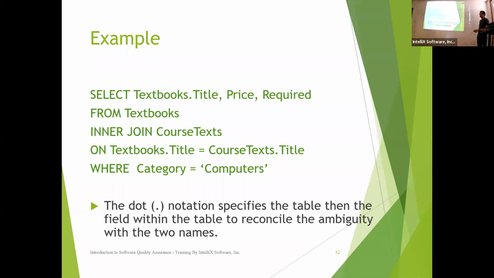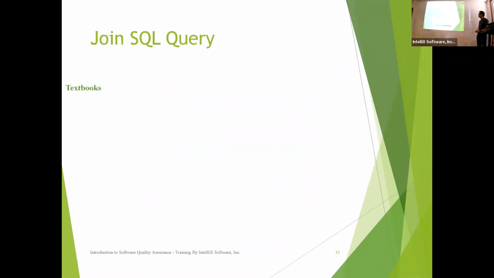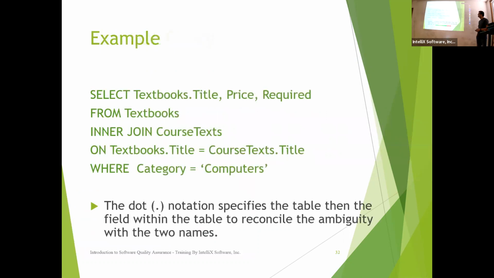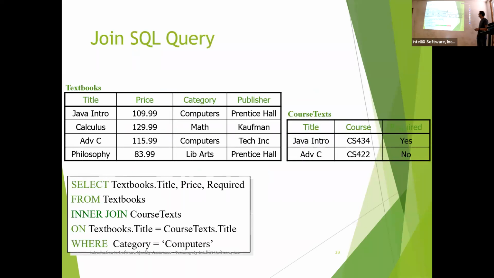Can you go back to the query you showed for the join? The textbooks table doesn't have the required field; it's in course text. All it cares about for the join is whether I have the same column in both tables. Should we be declaring that in the select?